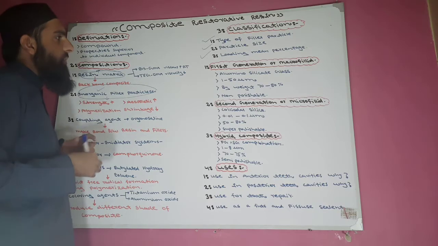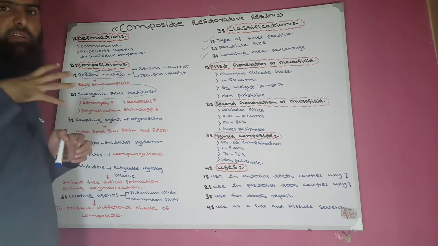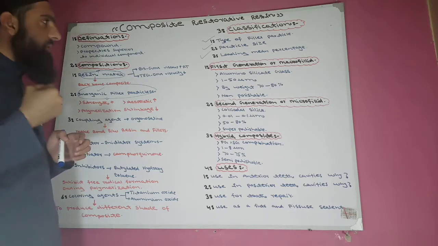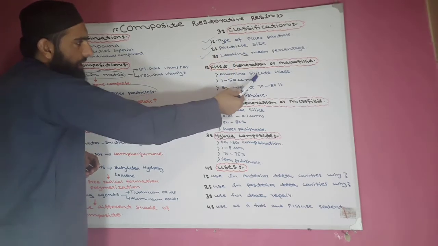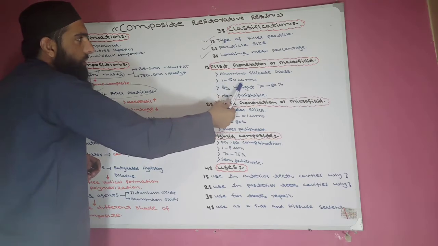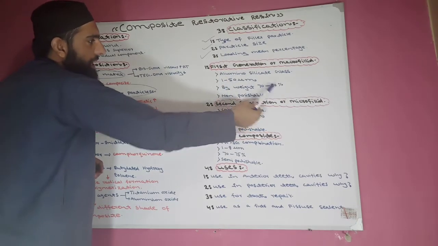When we look at the 3 properties, on that basis we classify the composite resin into different types. The first property, type of filler particle: first generation has aluminosilicate glass. The particle size of first generation is from 1 to 50 micrometer. The loading, meaning percentage by weight, is 70 to 80%.